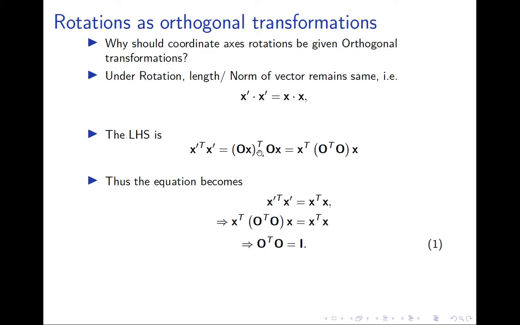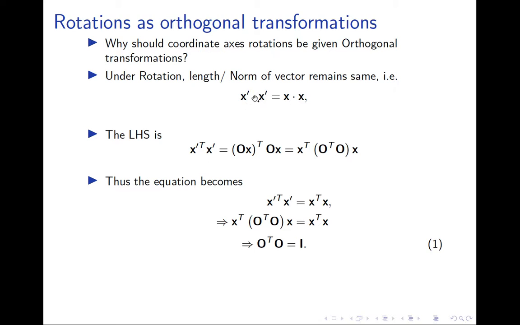But then you have to take a transpose of that, which will reverse the order. So when you take the transpose, (Ox) transpose is x transpose O transpose, multiplied by Ox. So you have O transpose O sandwiched between x transpose and x.